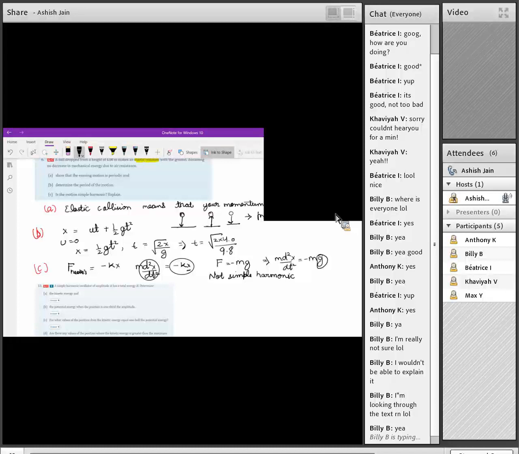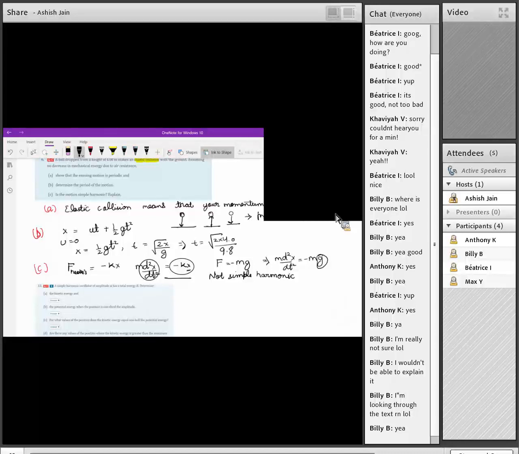Okay, so if you guys understood, I can move on to the next question. So the answer is it is not simple harmonic. For simple harmonic, you just need to satisfy this condition. I'll ask you another variant of this question.